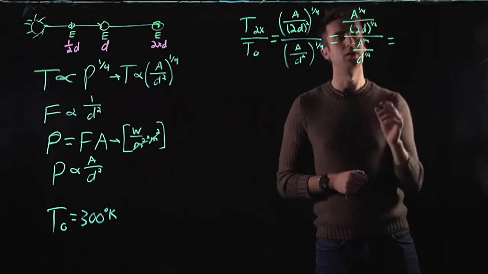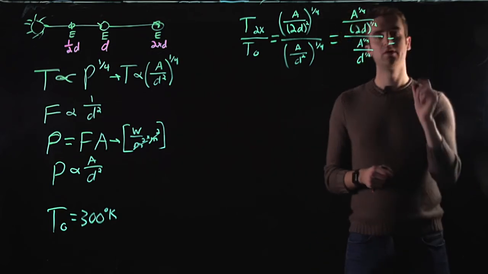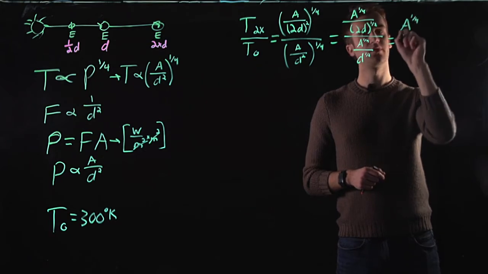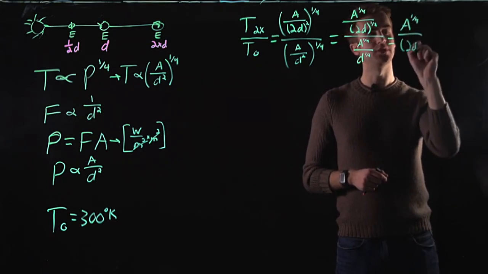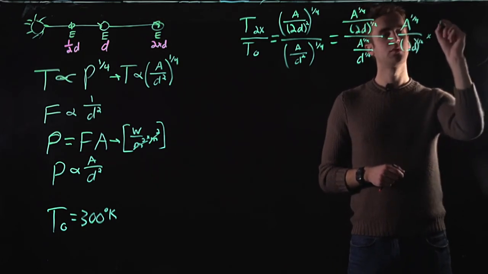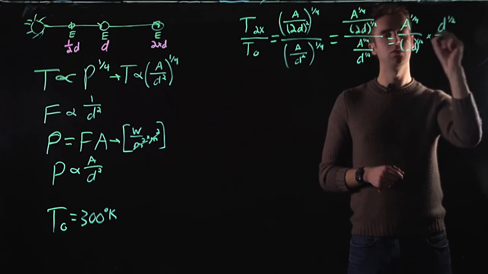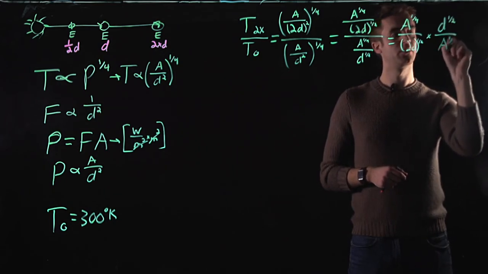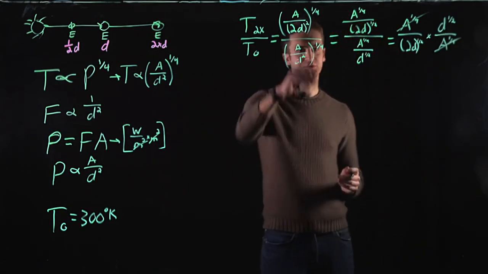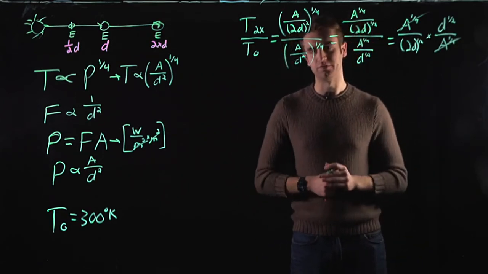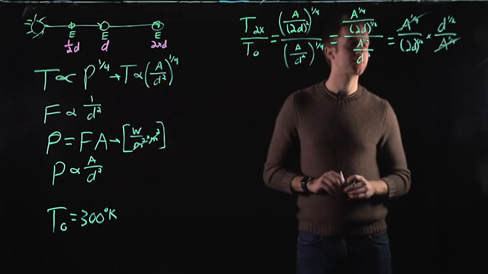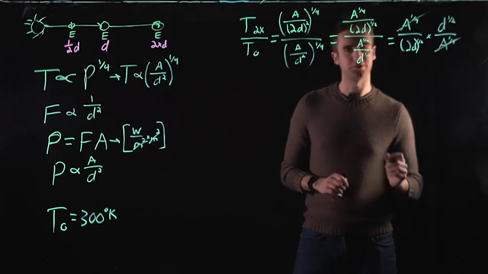So we can just invert the denominator and say that this also is equal to A to the 1/4 over 2d to the 1/2, times d to the 1/2 over A to the 1/4. And we immediately see that the A's drop out of the equation. This was not necessary to begin with. We could have just said that temperature was proportional to 1 over distance squared. All right, but there's still more work to do.